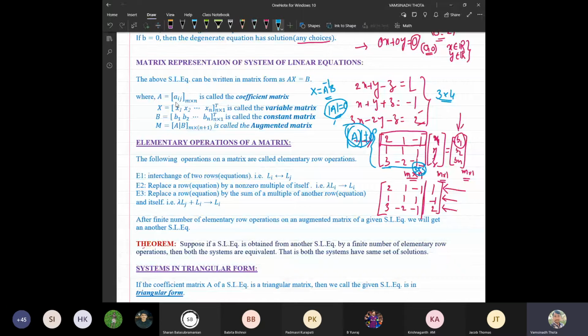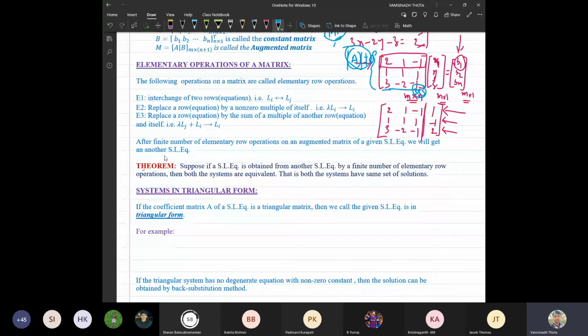So we will start with elementary row operations, which are what we have already seen, the elementary row operations of a matrix. Here it is also the same thing. E1 represents interchange of 2 rows, but here each row is an equation. E2 means replace a row by a non-zero multiple of itself.